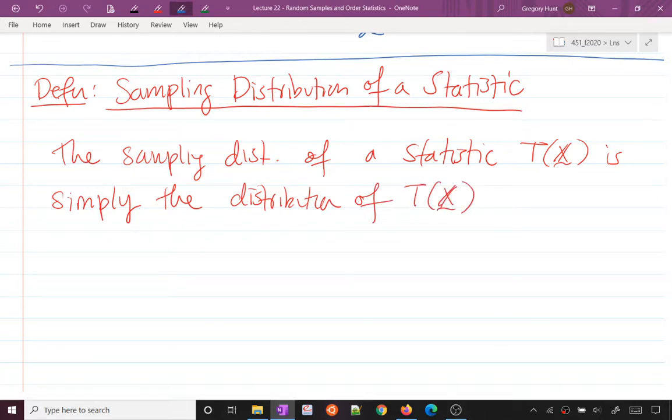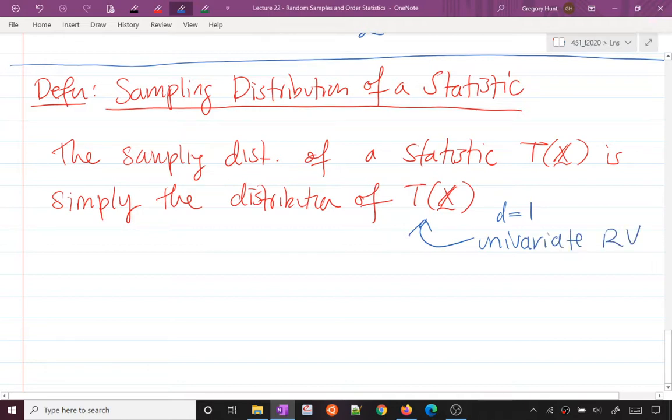If, for example, d is equal to 1, this is a univariate random variable. It has a distribution, just like every other univariate random variable has means and variances and MGFs and all the fun stuff we talked about. So when people talk about the sampling distribution of, say, X bar or some other statistic T, what they mean is the distribution of that typically univariate random variable.